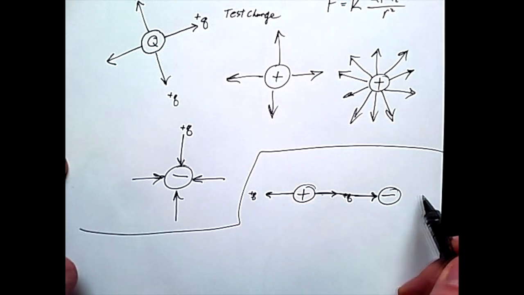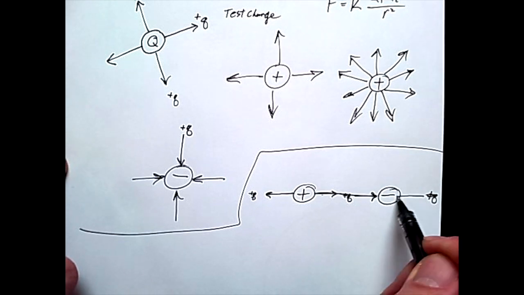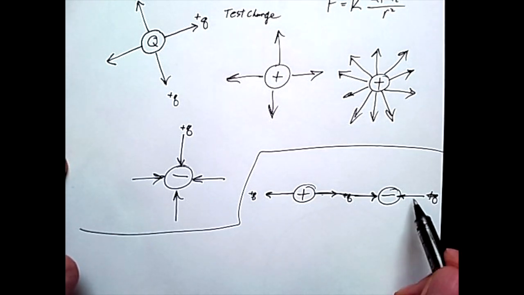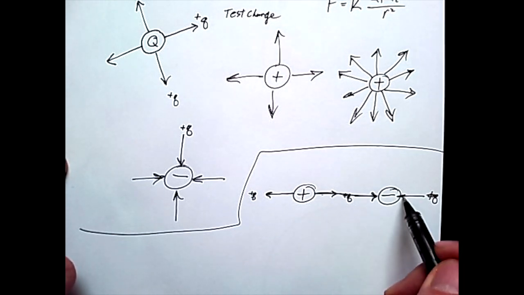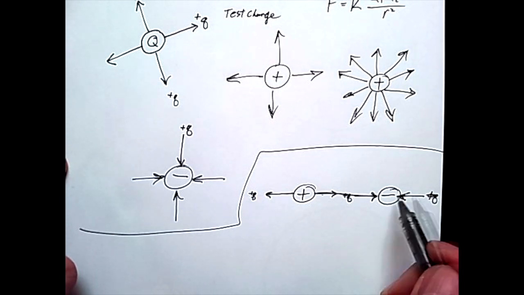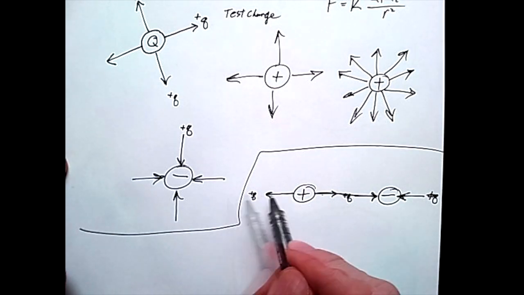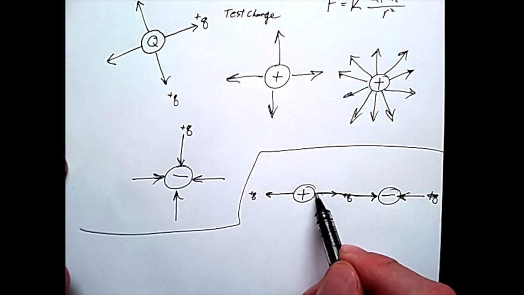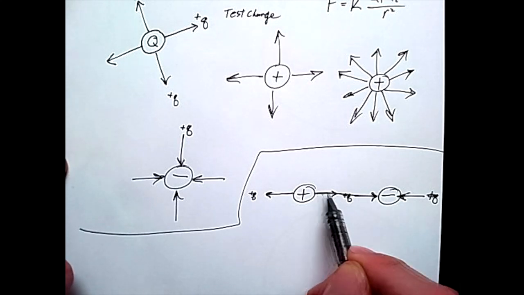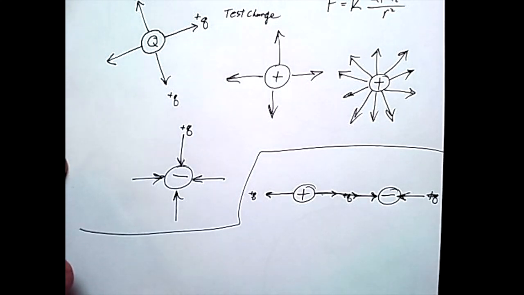Whereas if we were over here, the test charge Q would be attracted to negative more so than it would be repelled from positive. So this side, the electric field would be in towards the negative. This side, it would be away from the positive. Here, it would be away from the positive and towards the negative, which is one consistent going to this direction.